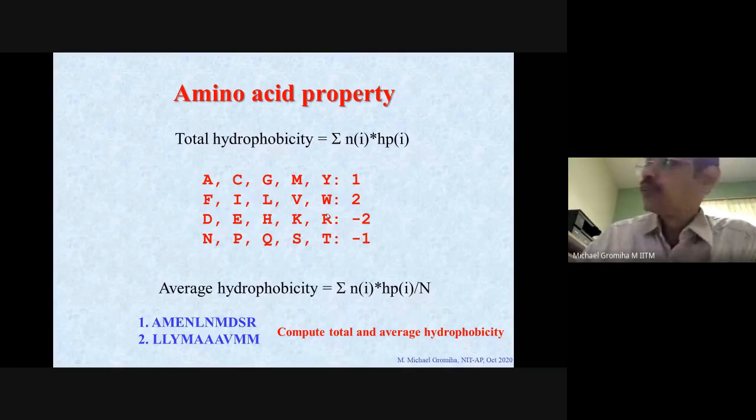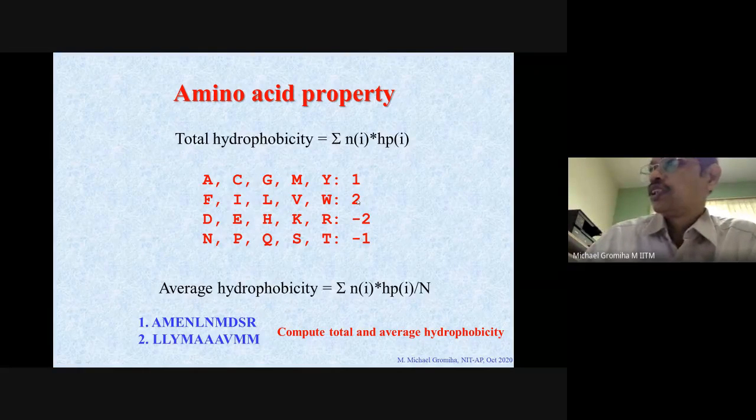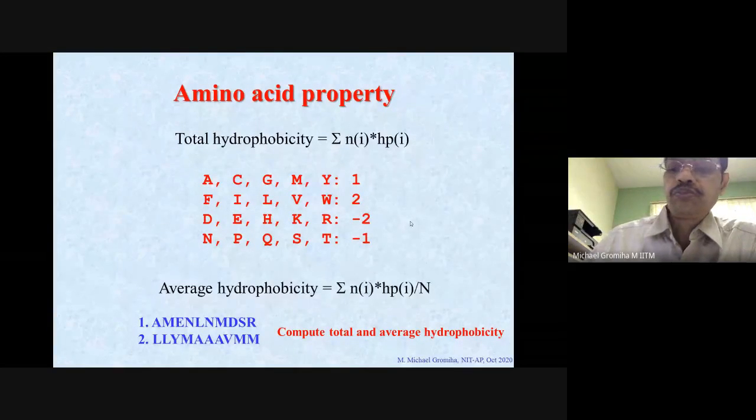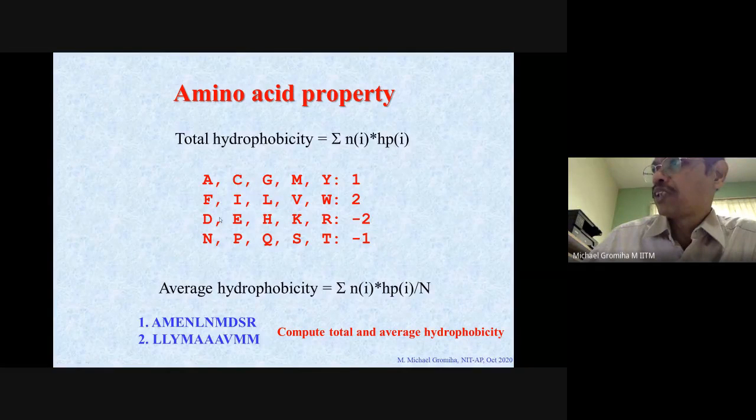So you have some reasons for this. It's not just random. Can you see the numbers 2? Which type of residues are these? If you see the residues, can you distinguish the residues with numbers 2 and minus 2? They are from some specific group. So if they take a minus 2, they have some specific property. Can you tell what is the specific property of the residues which I put for minus 2?